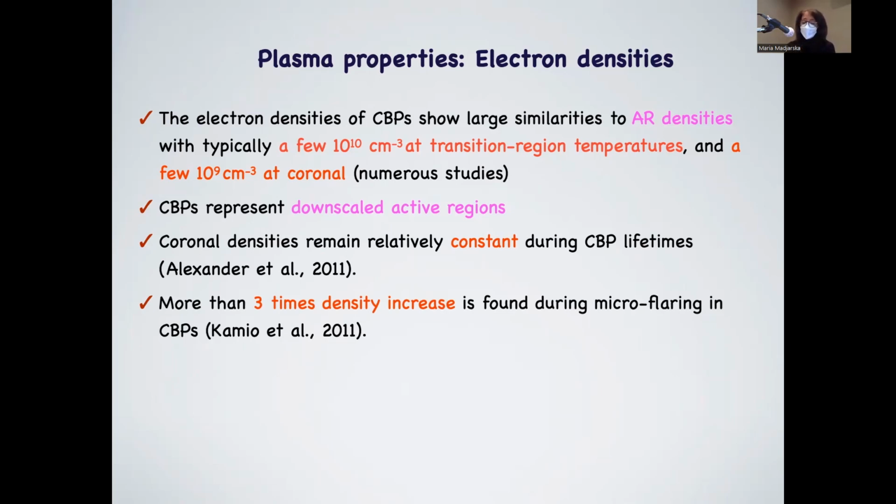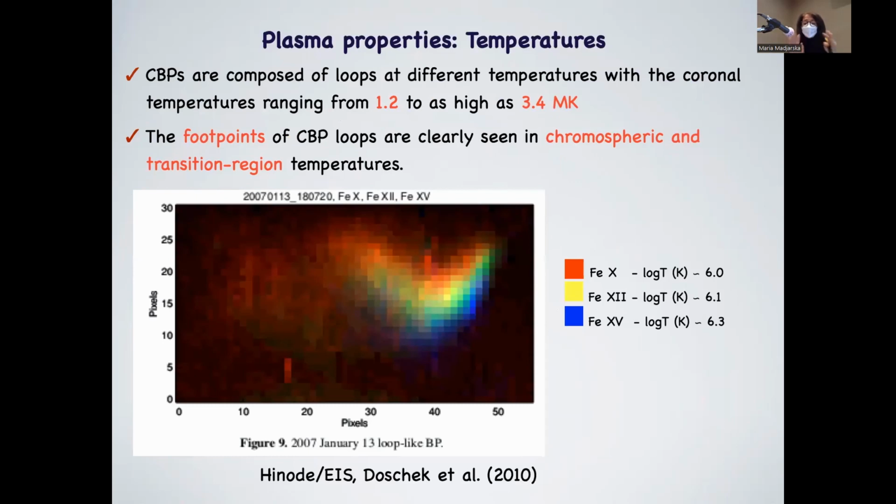And this is a study by one of our Japanese colleagues when he was working at the Max Planck Institute. This is a very nice presentation of the temperature structure of the bright points, done with spectroscopic data from the EIS spectrometer on board the Hinode mission. You can see here in red the iron 10 line, so 10 to the 6th, 1 million degrees, and this is at the bottom.